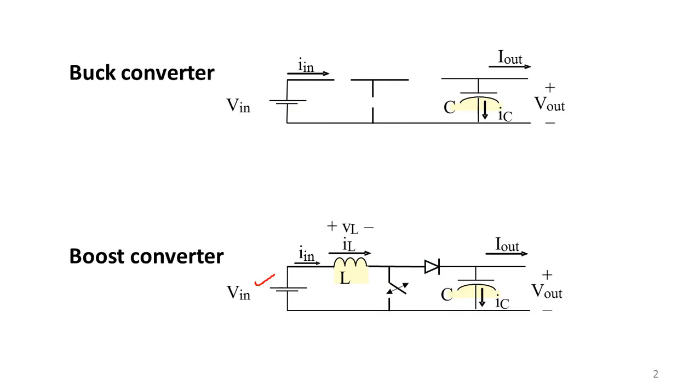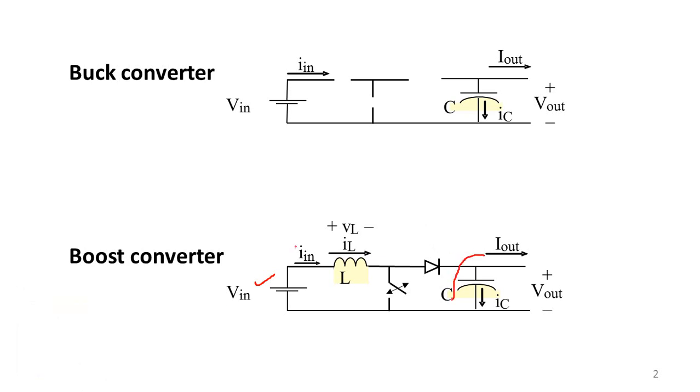I repeat, you have an input supply connected in series to an inductor, where the switch is connected in parallel, and the diode is also connected in parallel to the switch. Finally, to always maintain the output voltage constant, the capacitor C is connected.